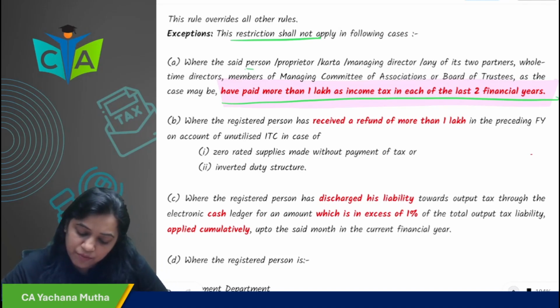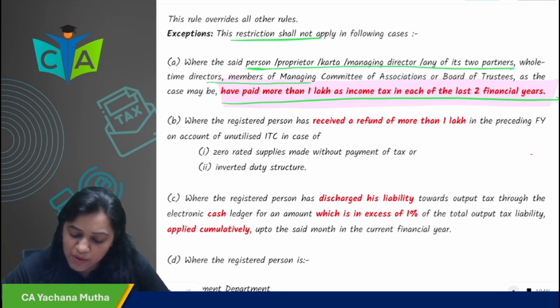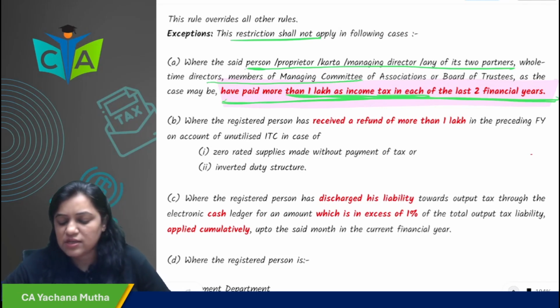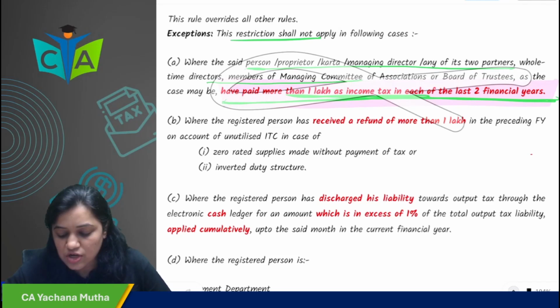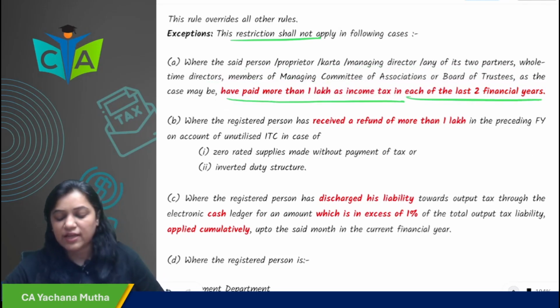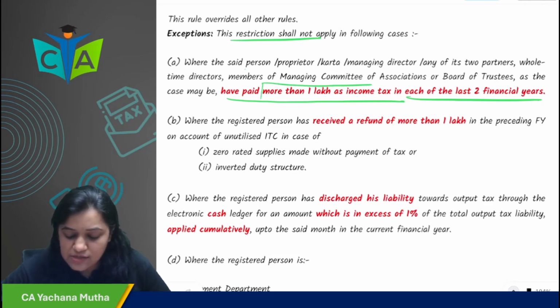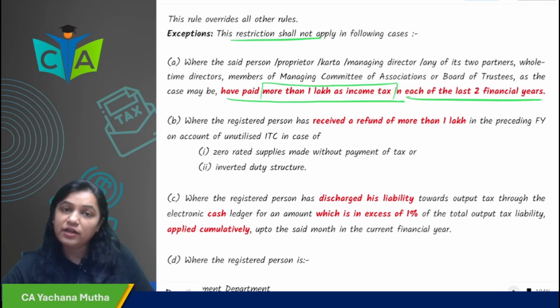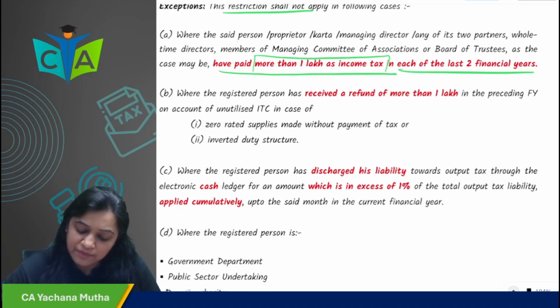So when the said person has paid more than 1 lakh as income tax in each of the last two financial years, in that case this restriction will not apply.